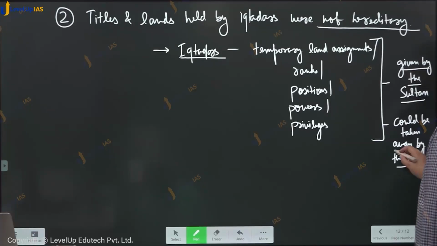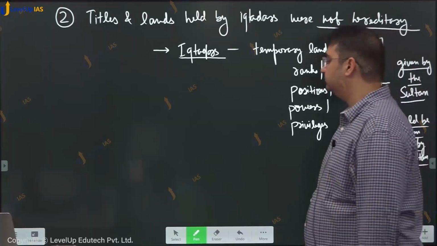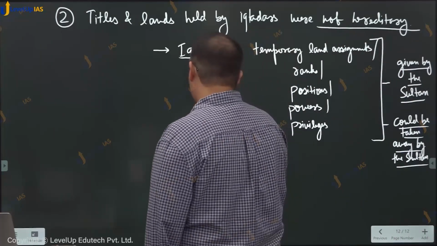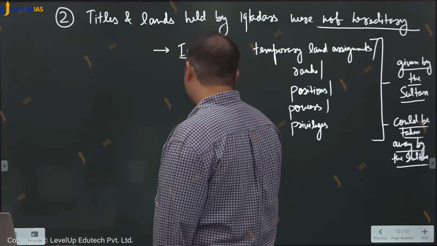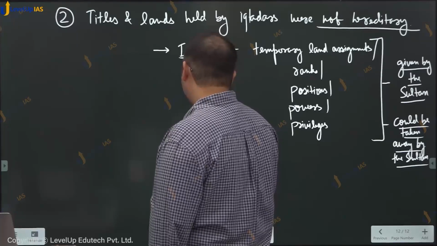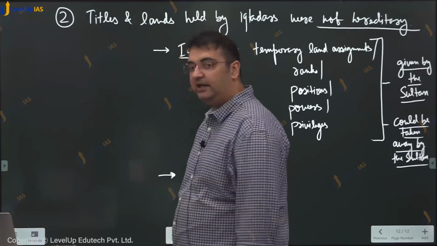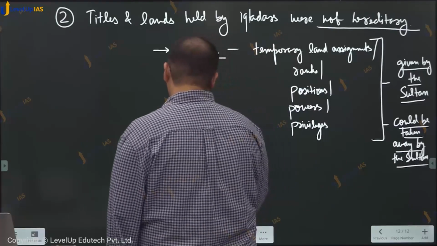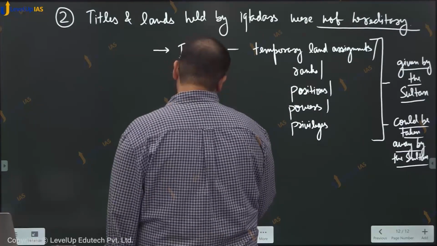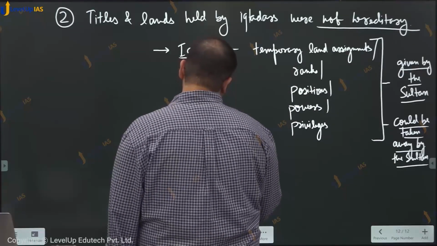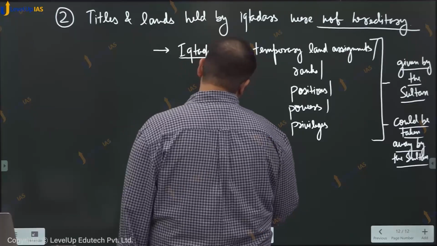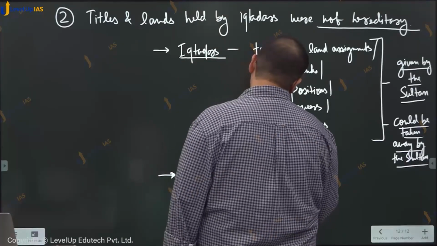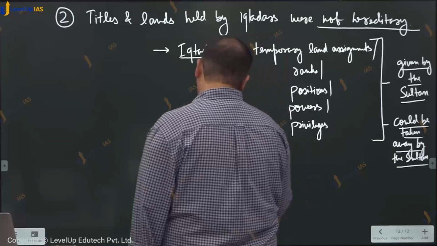They could also be taken away by the Sultan. Secondly, the iqtadars were never posted to a particular region permanently. Rather, they were frequently transferred.